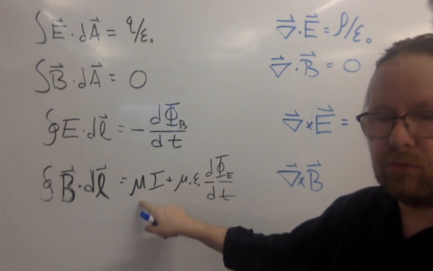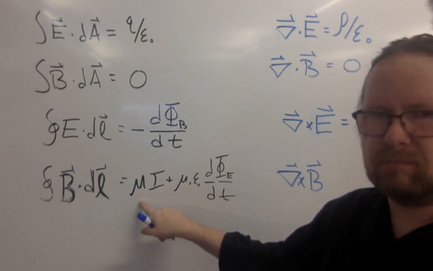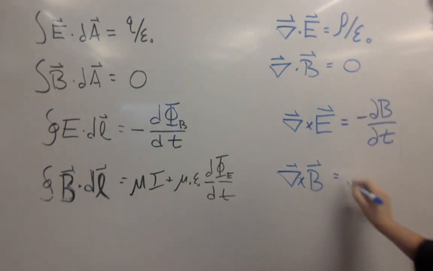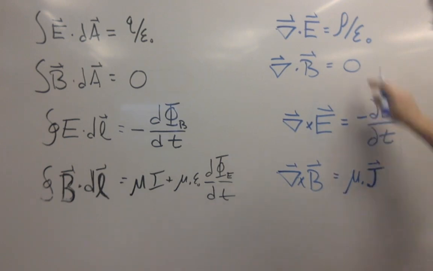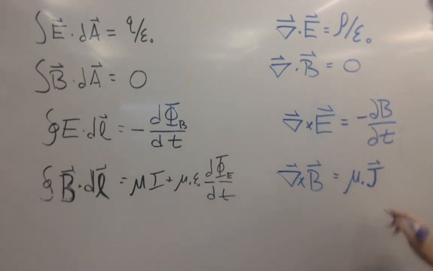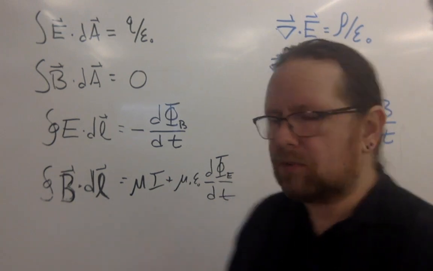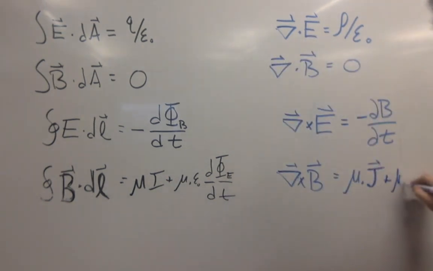One due to the current, which I'll just write as mu 0 j. We use j to stand for the vector current density, plus mu 0 times epsilon 0 times the rate of change of the electric field. And I'll go ahead and write that as a partial derivative as well.